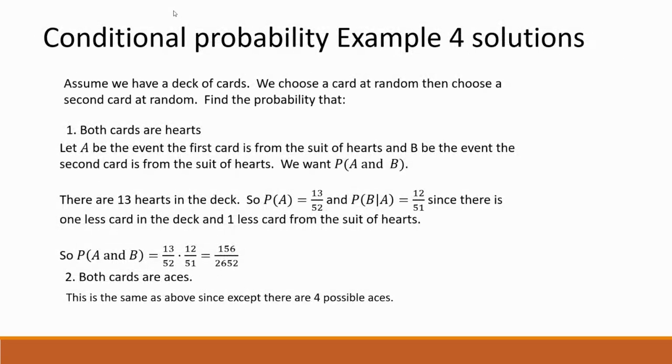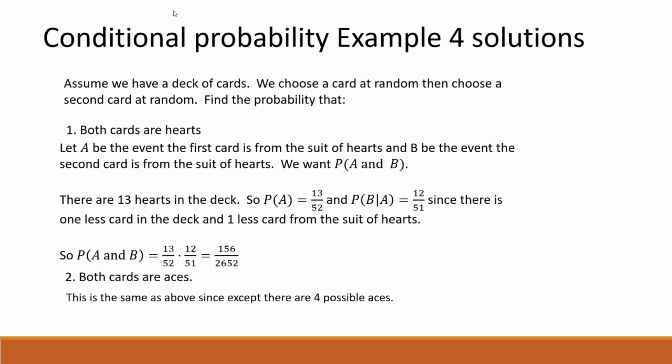What's the probability that both cards are hearts? Well, we're going to let A be the event that the first card is from the suit of hearts. We're going to let B be the event that the second card is from the suit of hearts also.